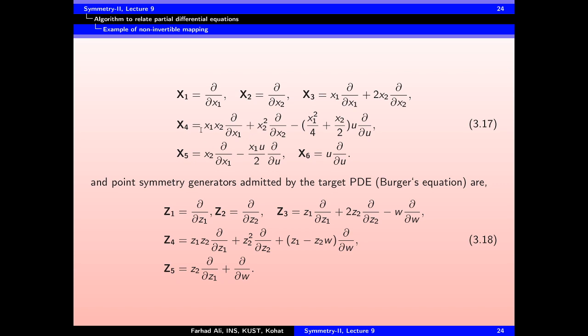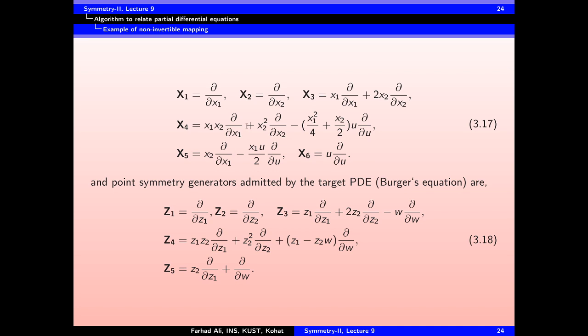The difference is only in the dependent variable. So the group action of both sets is the same in the independent space, but they are different in the dependent space. This part is in the dependent space, but you see this is different from this one.